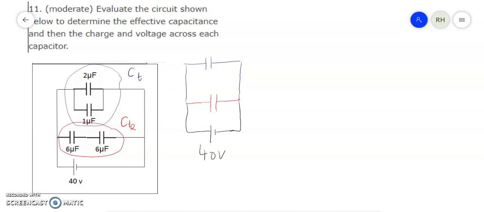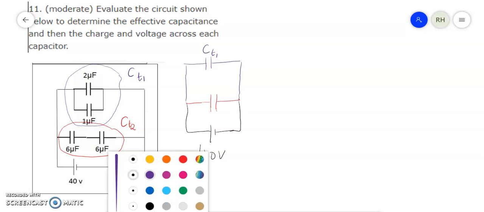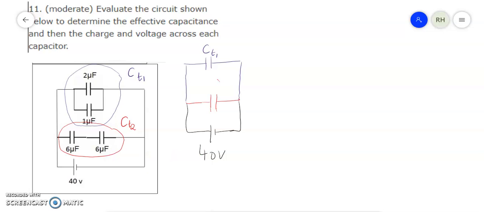So this one we need to find the value for CT1, and then we need to find the value for CT2. So as usual, you just do the parallel and series formula.